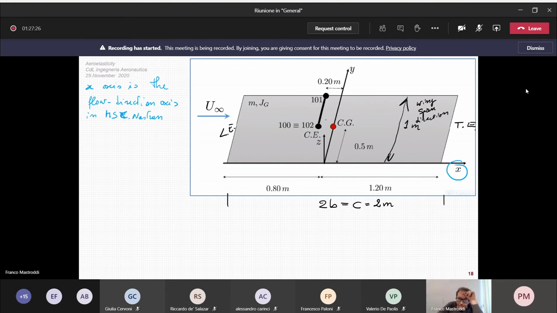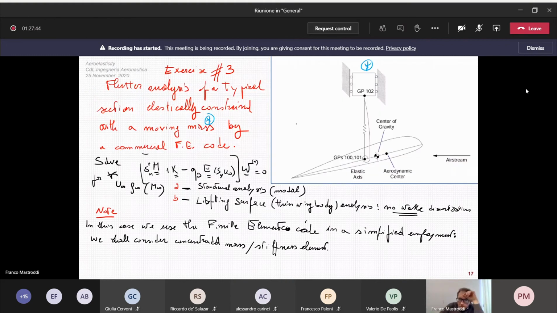So we have here a node, here another node, and here, superimposed to 102, also the node 100, and that's all. If you want to understand the meaning of this, you can understand this here. Note, we have that the nodes 100 and 101 are, look at my, can you see me?